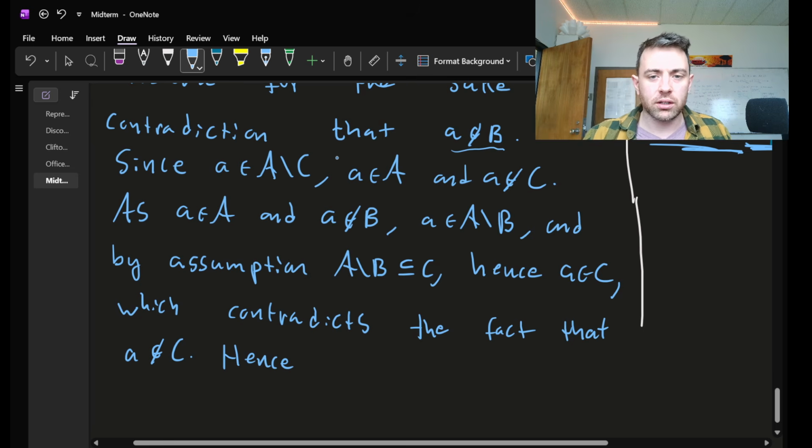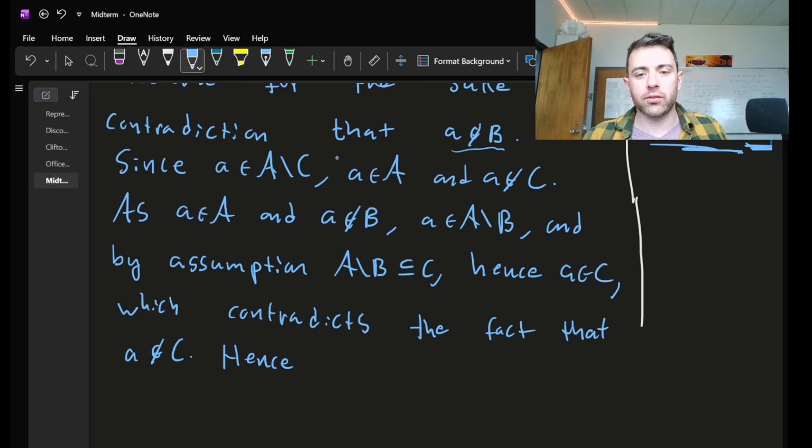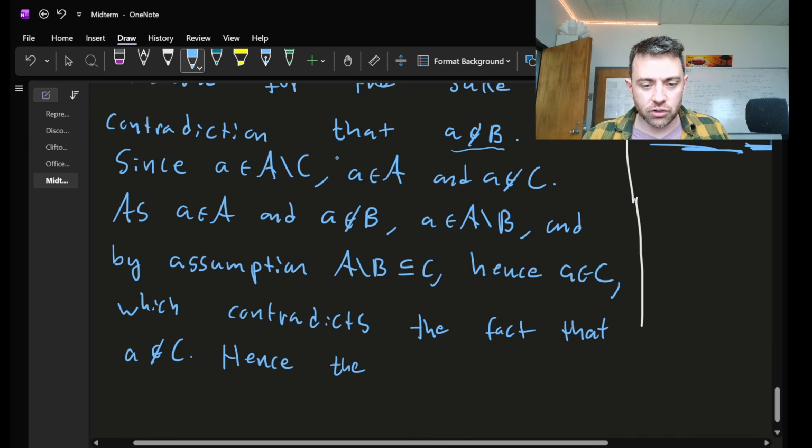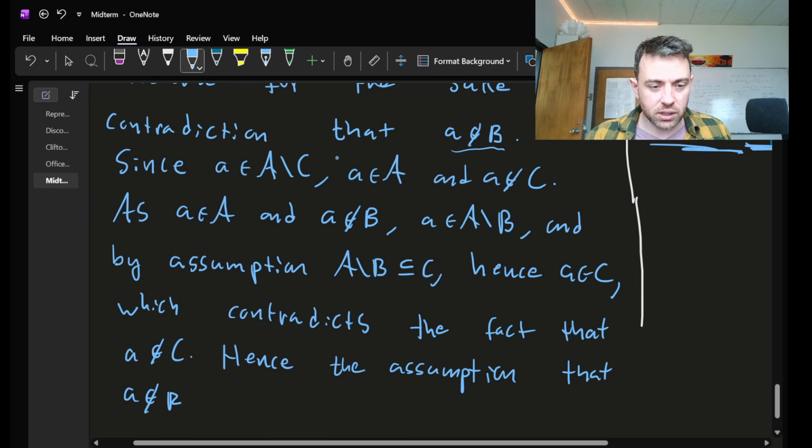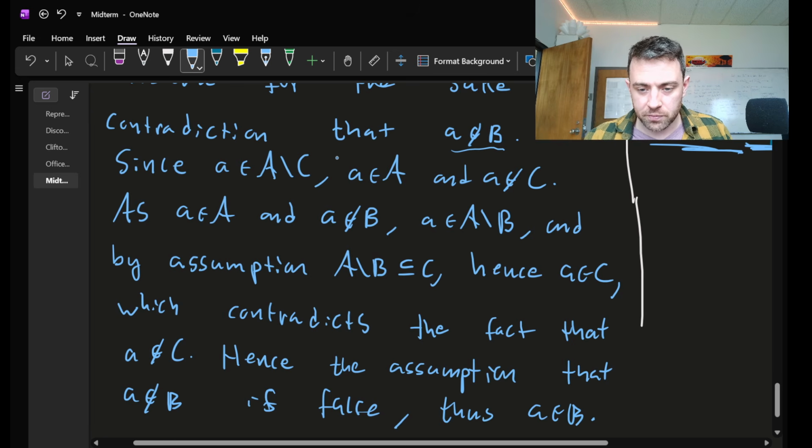We assumed for the sake of obtaining contradiction that A is in B. Hence, the assumption that A is not in B is false. Thus, A is in B.